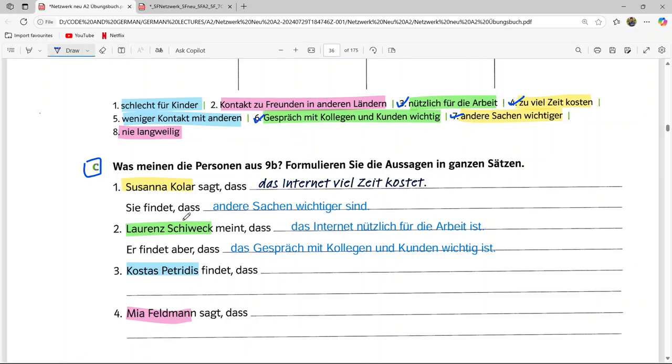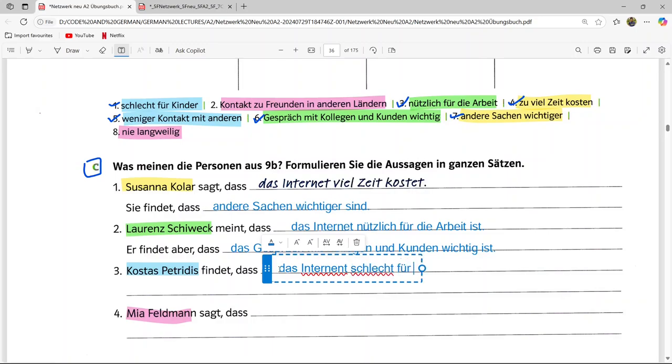Now about Kostas. Kostas's one is schlecht for Kinder and weniger Kontakt mit anderen. Okay, so first one let us do. Findet, dass Internet schlecht für Kinder ist. And now also in another sentence.